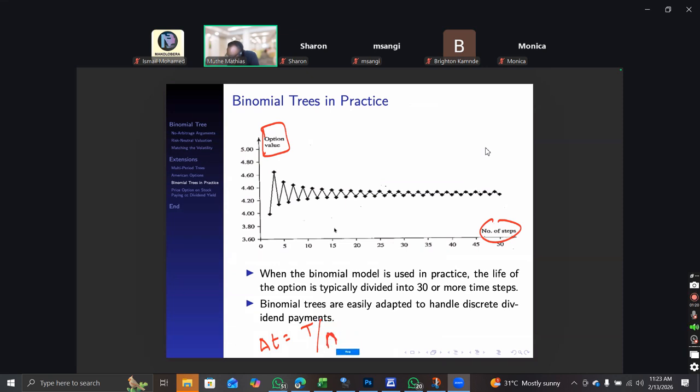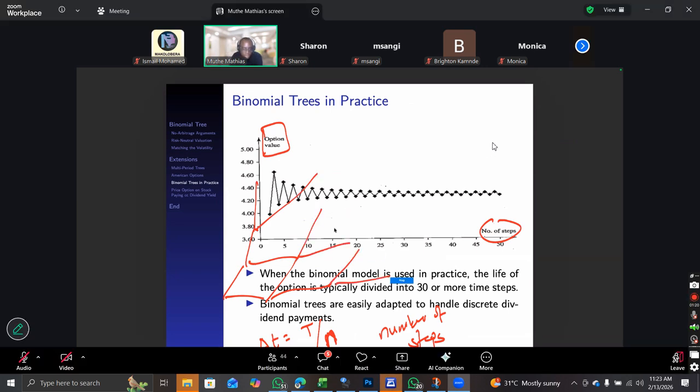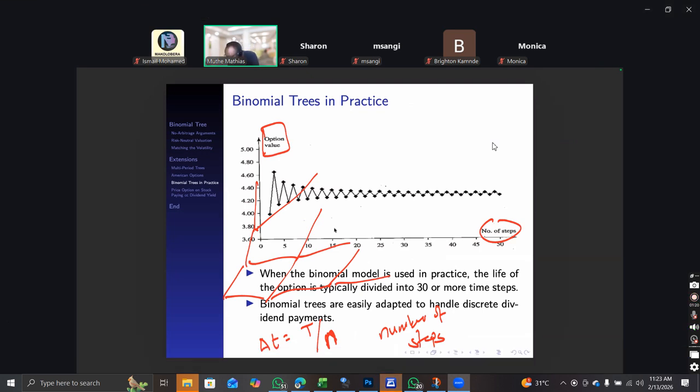So n is the number of steps. Kwa hiyo kwa mfano kama ni this one here, your n is 1 kwa sababu ni just one step. Kama umeenda za pili maana hii ni n. Kama umeenda tatu maana yake ni 3, si ndio? The tree will just go on growing like that, si ndio? This is the n which we have plotted here.